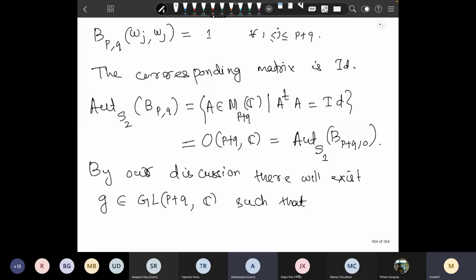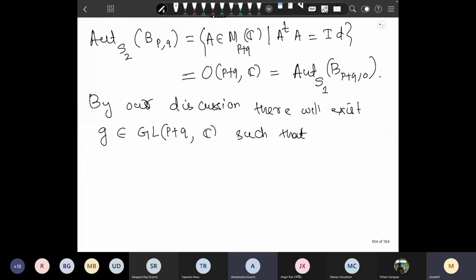so that there will exist G belonging to GL(P plus Q, C) such that O(S2, B(P,Q)) is equal to G O(S1, B(P,Q)) G inverse.